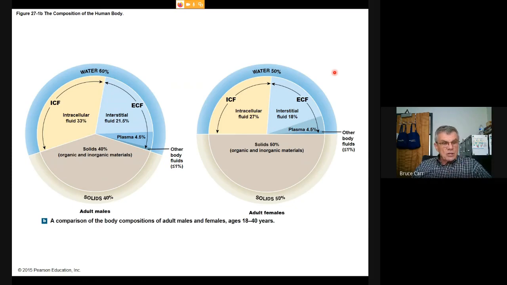So we do see this one difference of 40% solids in males and about 60% water. The solids in females go up to about 50% because the water content is slightly smaller. But other than that one difference of muscle and fat, these components are fairly comparable.